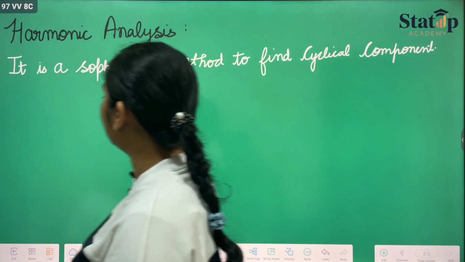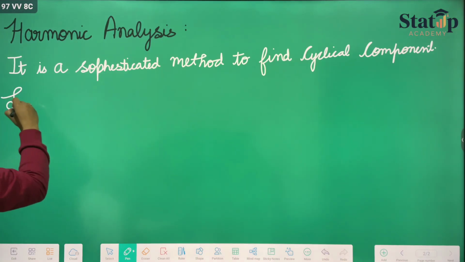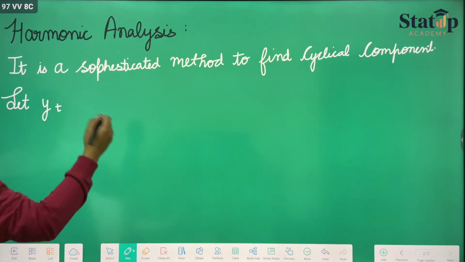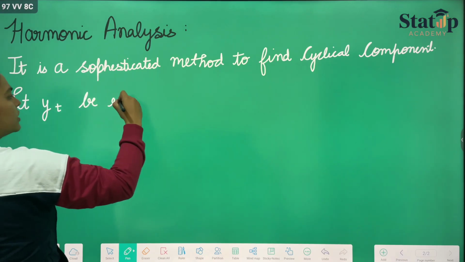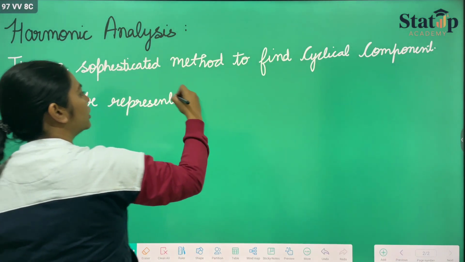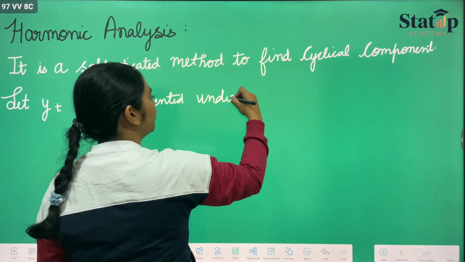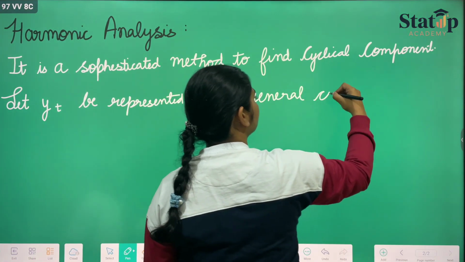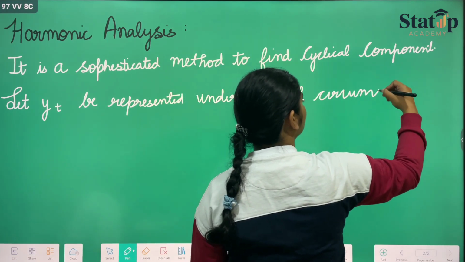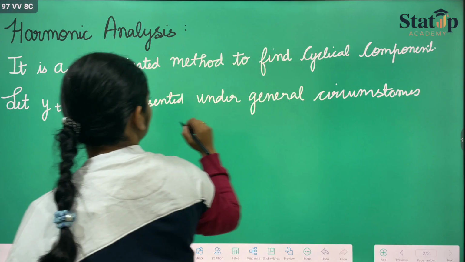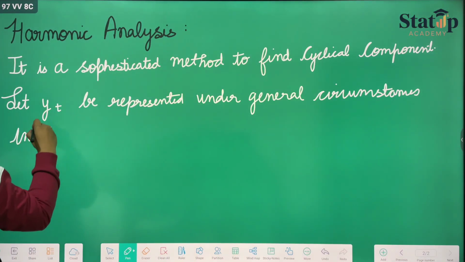So for this, let Yt, the function of time series, be represented under general circumstances into Fourier series.